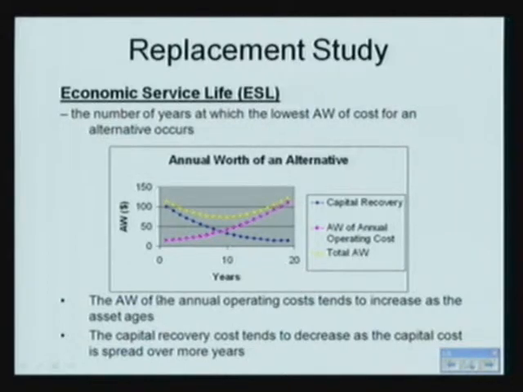Okay. Well, the annual worth of the operating cost tends to increase as the asset ages. You say, why is that? Well, these things start to wear out. There's more maintenance costs. Just think of your automobile. As your car gets older, there's more maintenance you have to do, so the maintenance or operating cost tends to rise over time.